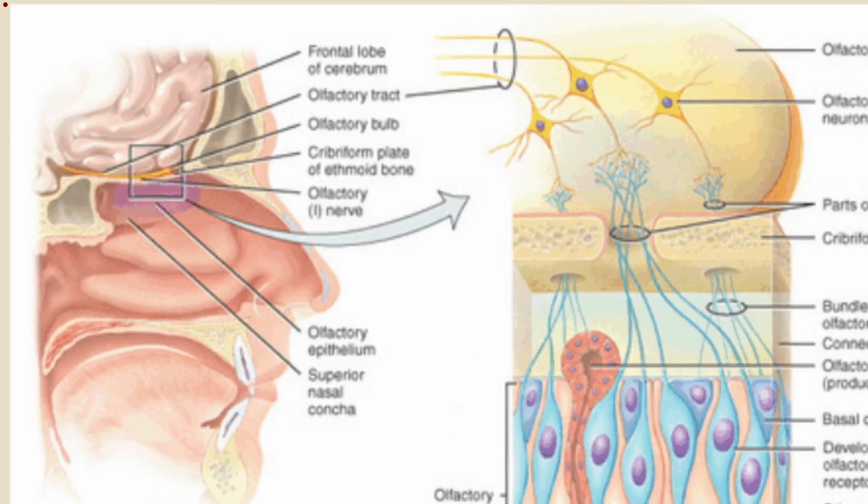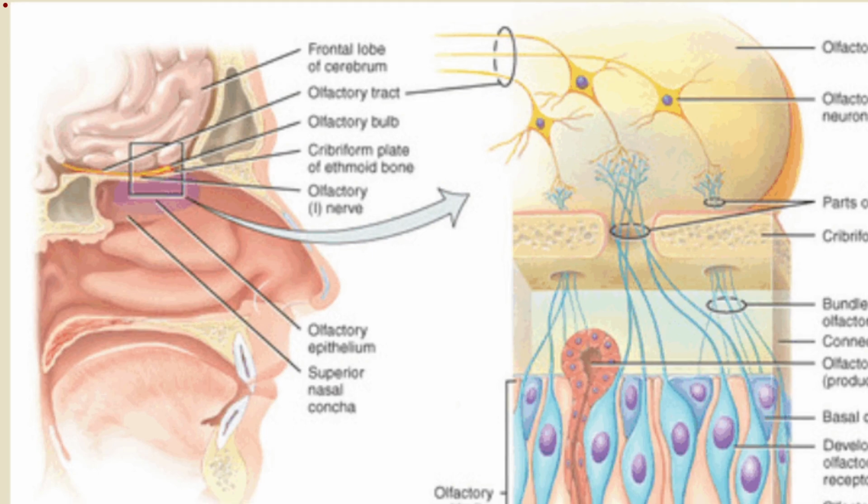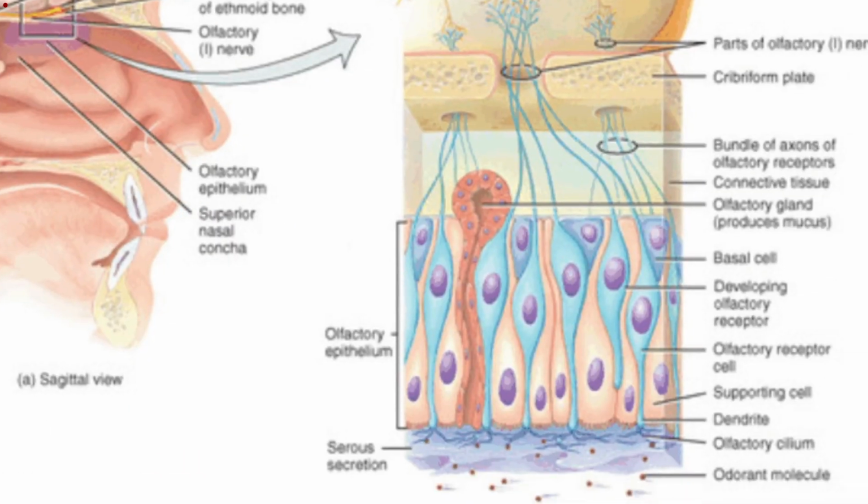So this is showing that olfactory bulb sitting on the cribriform plate, those fibers running through and then creating this olfactory mucosa.